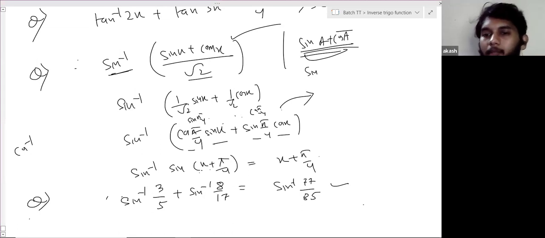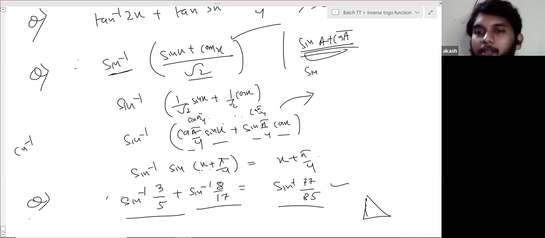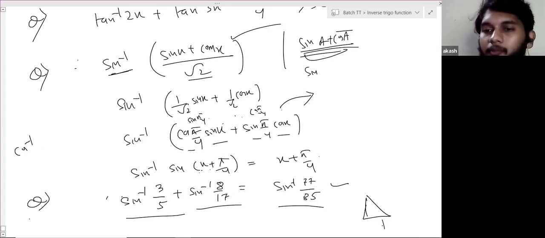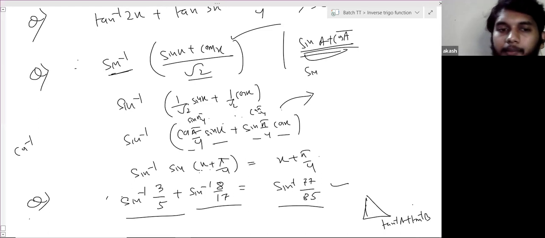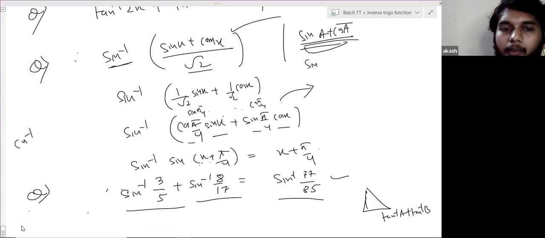So what we can do, again by using the triangle method, is convert this into tan inverse something, and the same for this one. If we can convert this into tan inverse, then we can use the formula for tan inverse A plus tan inverse B and prove that LHS equals RHS. Okay, sir. Kinza, this is clear? Yes, sir. All right, then try to solve this.